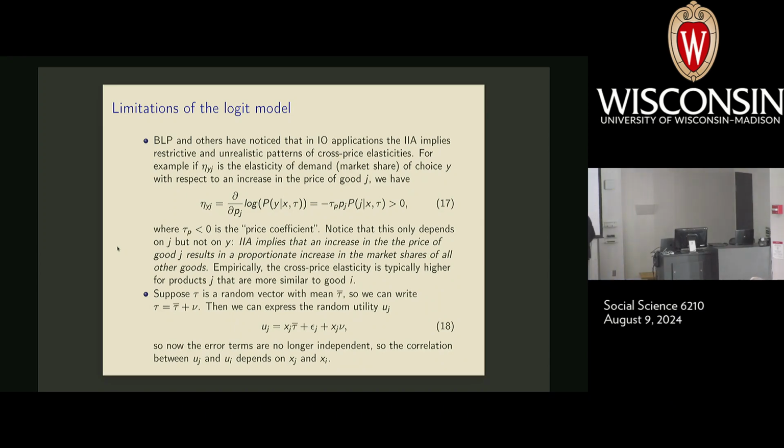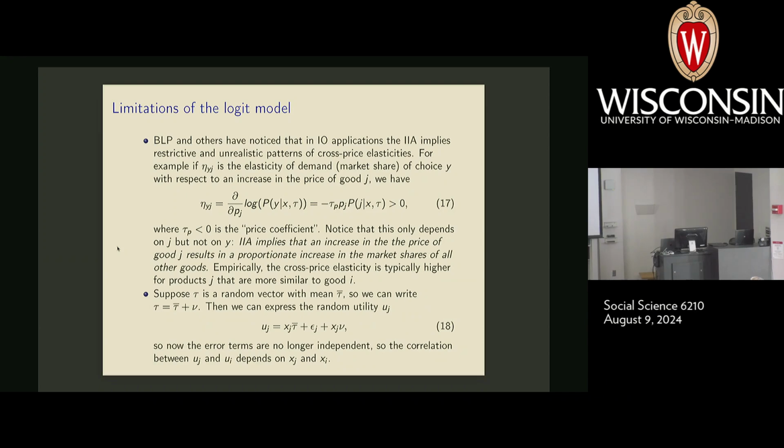So this is why Steve Berry and Ariel, say, let's do random coefficients. So if the tau is random, and we say, well, this is the mean, and this is a vector of normally distributed residuals with mean 0, then we substitute this in and we get this combined error term.